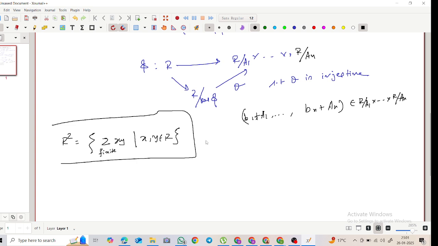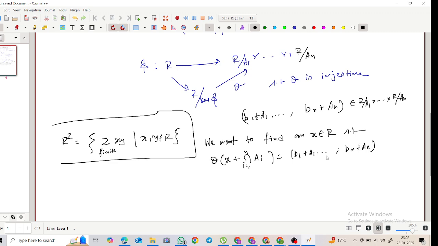So basically, we want to find an x belonging to R mod the intersection, and x belonging to R such that theta of x plus the intersection of the Ai is this, right? This is what we want to find.